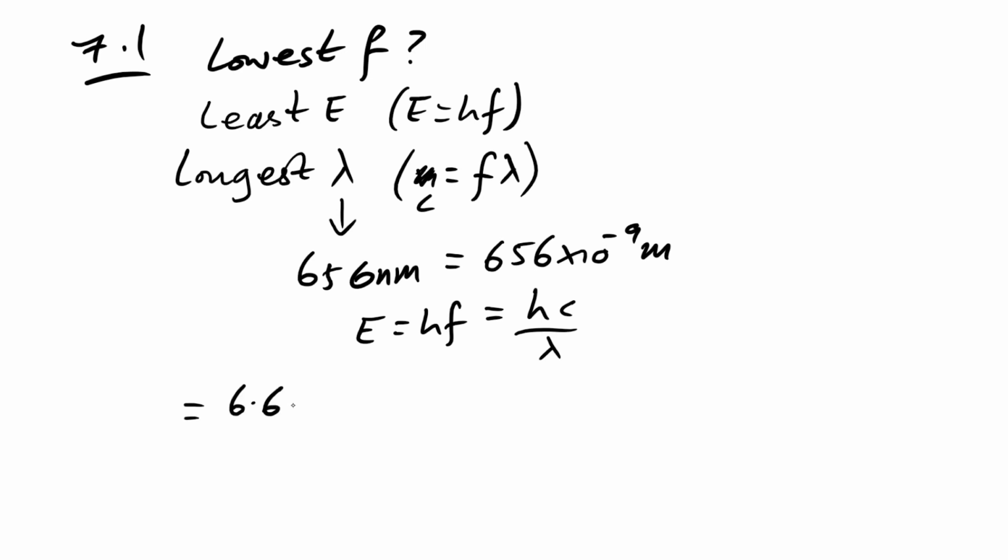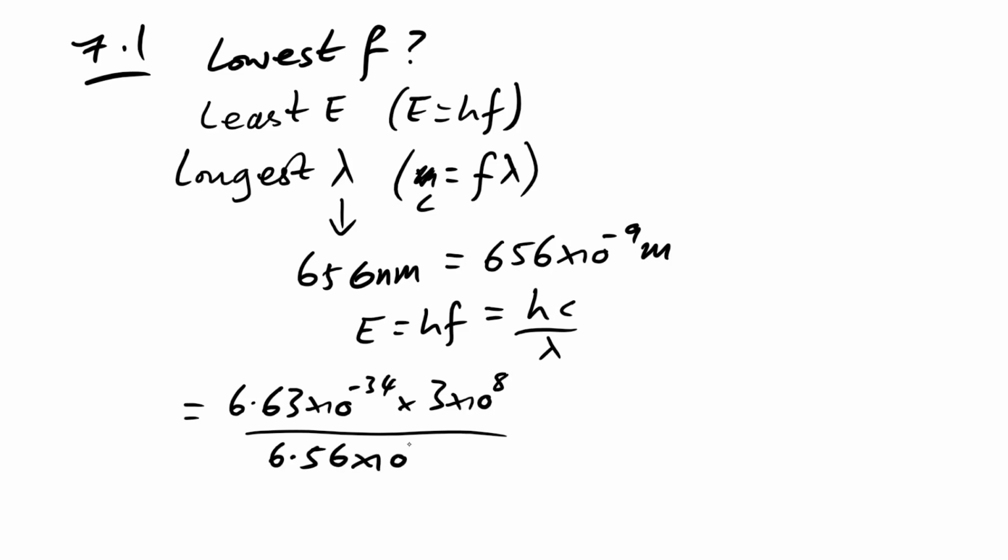So that's going to be Planck's constant times the speed of light divided by, let's put it in proper standard form, 6.56 times 10 to the minus 7. I can clear up some powers of 10, so minus 7 on the bottom, that means we add them to the top, so 15 on top, minus 34 and 15 brings us up to minus 19.